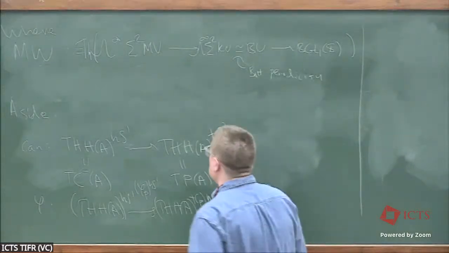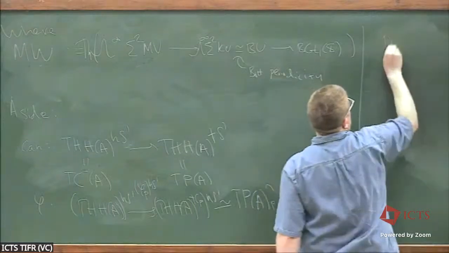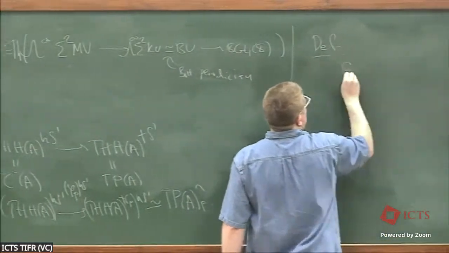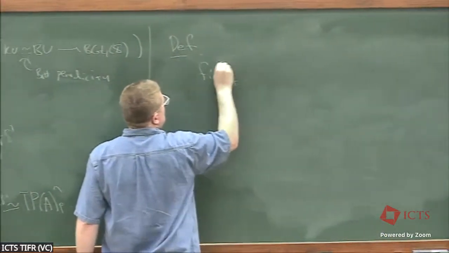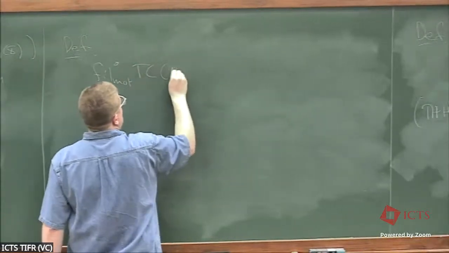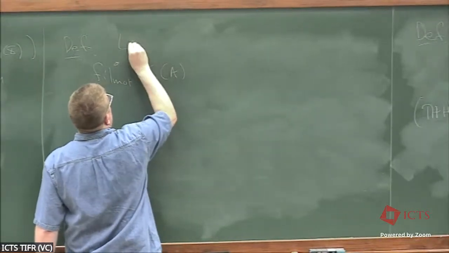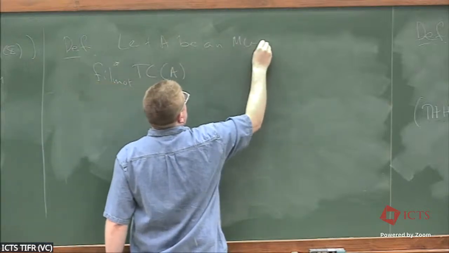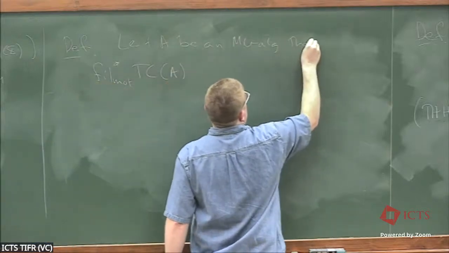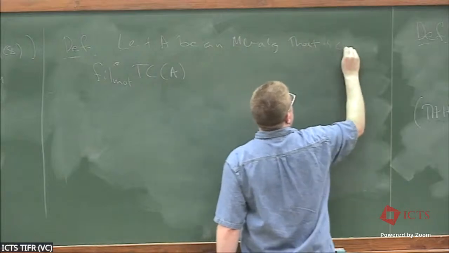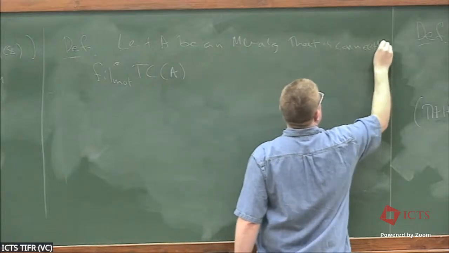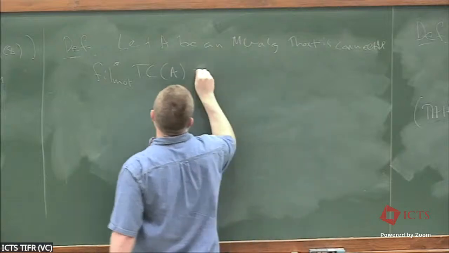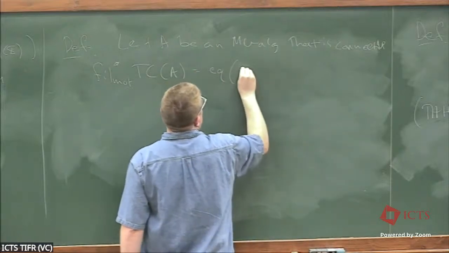Yeah, so then we can define TC of A. So again, let A be an MU algebra that is connective, let's say. Then we can define this as the equalizer of these filtered maps.